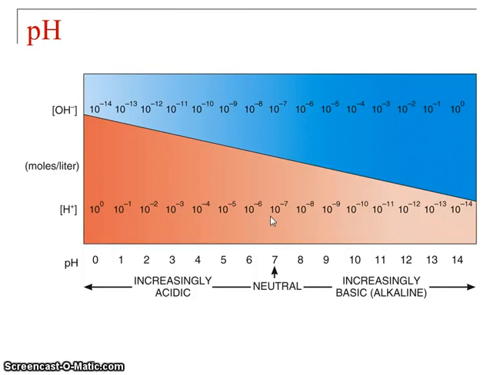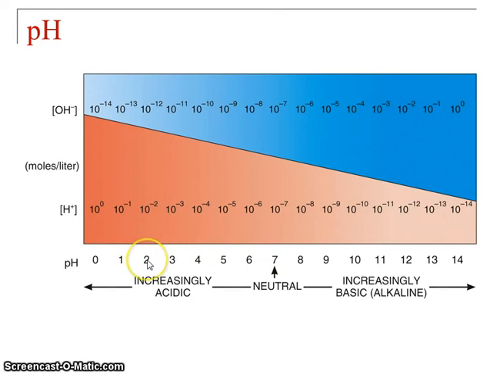Let's look at the pH scale now. So we talked about what makes something an acid and what makes it a base. And we measure how acidic or basic something is with the pH scale. 7 is neutral. That's water. Our OH- equals our H+, we've got H2O. And as you add more H+, you get more and more acidic.